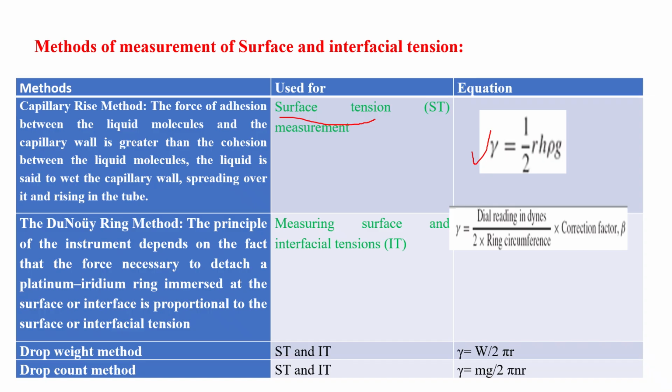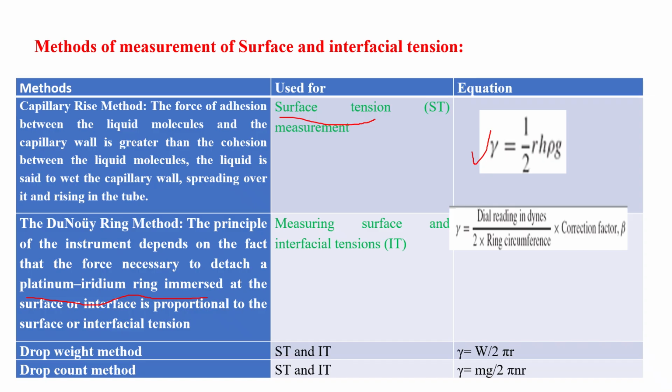Next one, the Du Nouy ring method. The principle of the instrument depends mainly on the fact that the force necessary to detach a platinum iridium ring immersed at the surface or interface is proportional to the surface or interfacial tension.